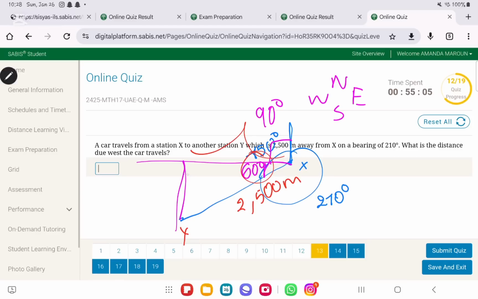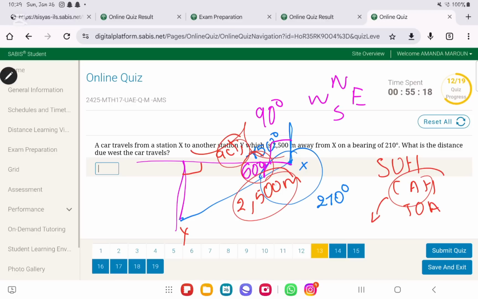Very simply, we have 60 over here. We have the hypotenuse because this is 90 degrees, and we need to find the adjacent. Based on the TOA, we're going to be using cosine because we have the adjacent and hypotenuse. So cosine of the angle 60 is equal to adjacent over 2,500.